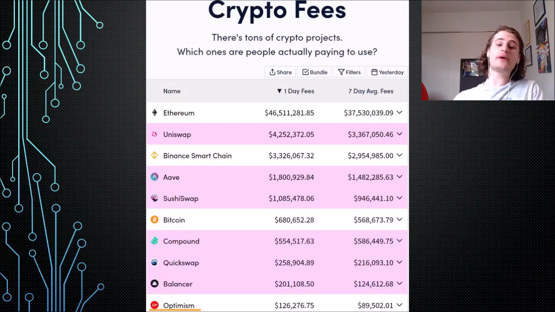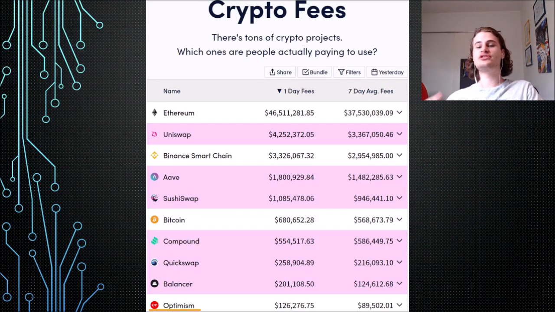The last thing that I quickly want to discuss is crypto fees. Now, as we can see, Ethereum is generating $46.5 million worth of fees every single day. The next closest competitor is Uniswap, which is an application built on Ethereum, generating $4.3 million in fees. Now, the next actual closest competitor after Uniswap is the Binance Smart Chain.